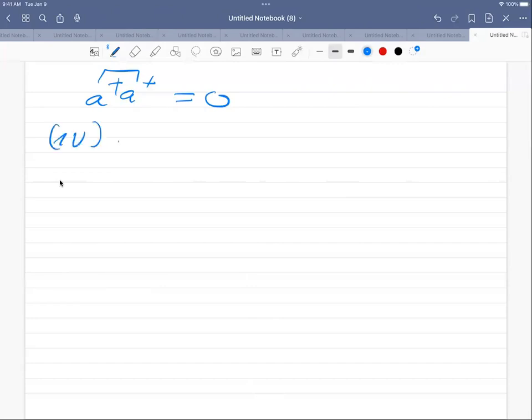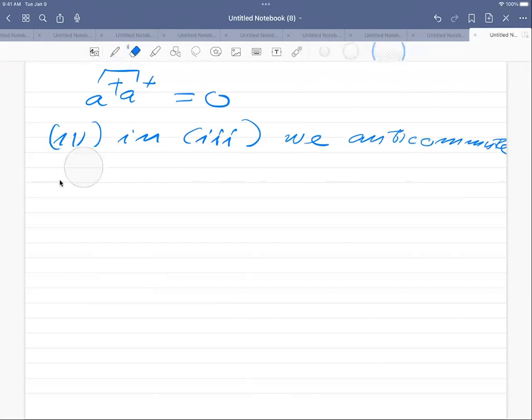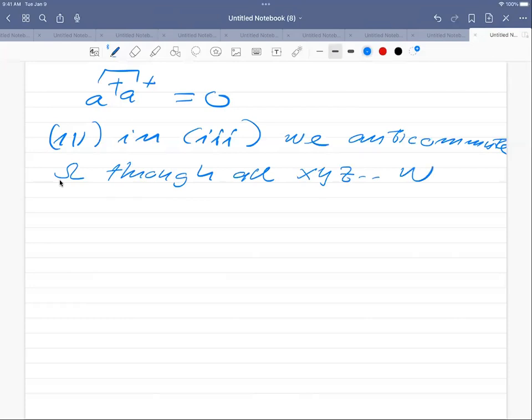In this part 3, we anti-commute this omega, since it's now a creation operator, through all X, Y, Z to W operators.